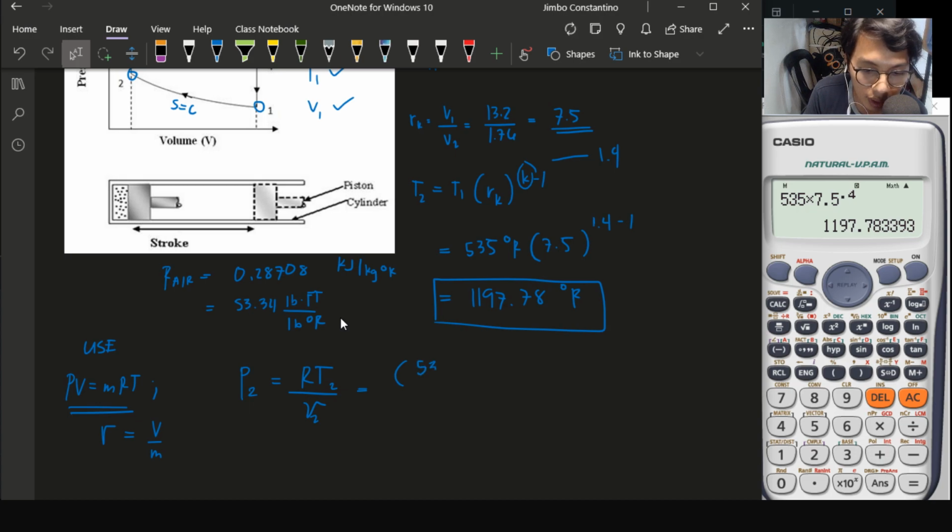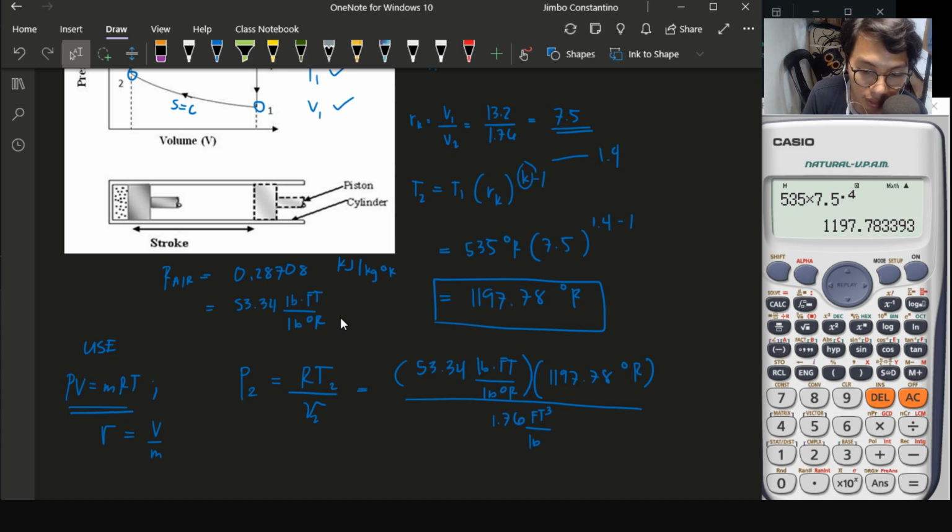So, 53.34 pound feet per pound degree Rankine. And then, you multiply it with T2. T2 is 1197.78 degree Rankine. Divide by V2. Meron dyan, 1.76 feet cube per pound. The problem here is, ang kailangan nating unit pang pressure is PSI.